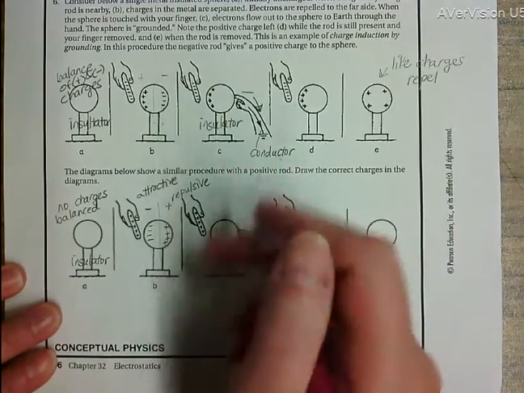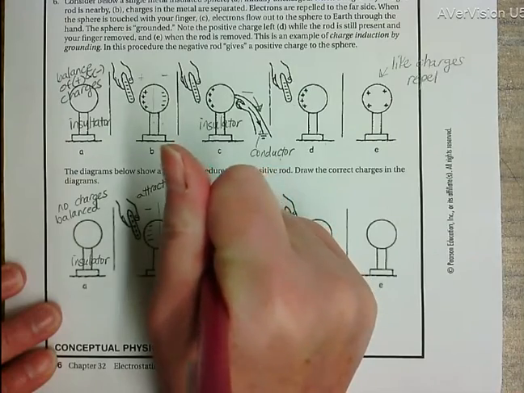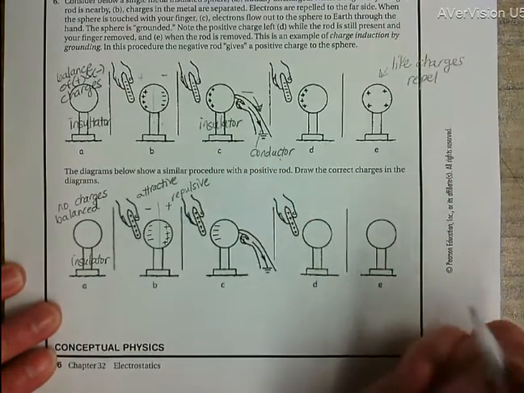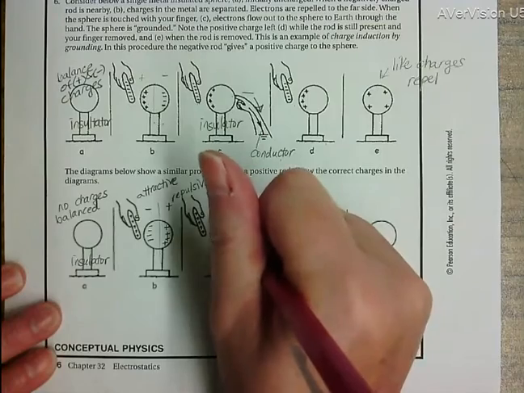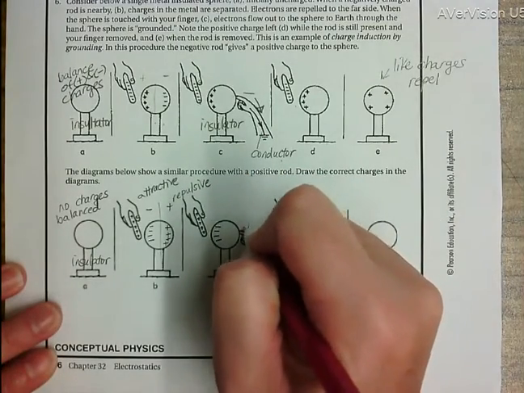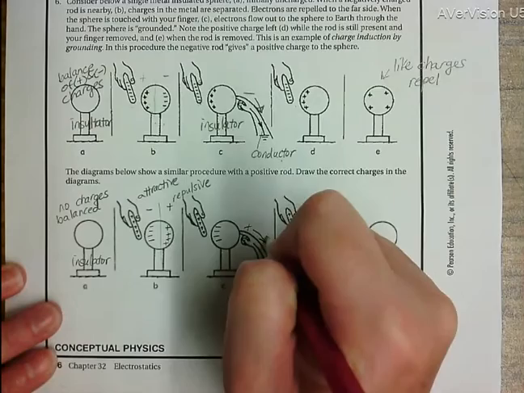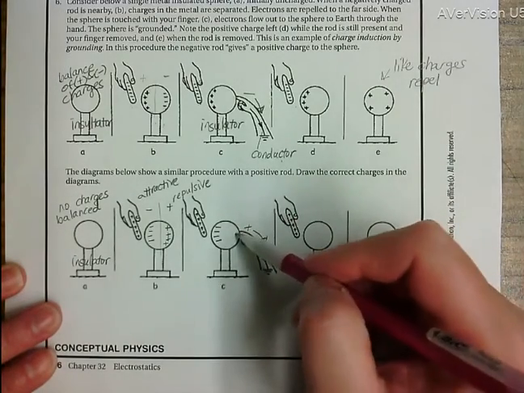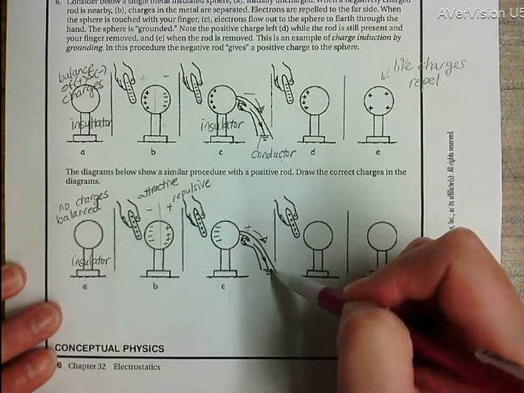So again here, we still have the negative charge attracted to that sphere, but we have touched it. So what has happened? These positive charges here are moving off of the sphere, down our arm, and to the earth.